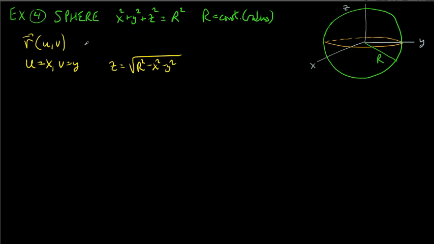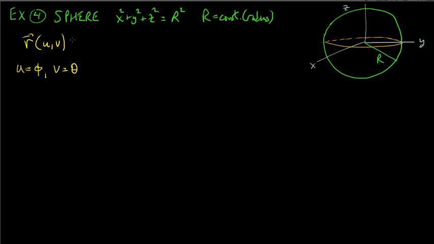So to avoid that uncomfortable situation with the plus and the minus, we should use u and v as just the angles, right? So let's see, which one should we do? How about u is phi, and v is theta, right?